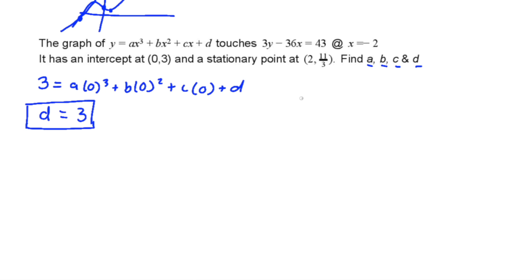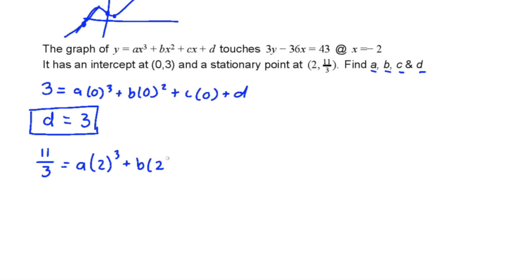So we substitute in 11/3 for y and 2 for x: 11/3 equals a times 2 cubed plus b times 2 squared plus c times 2 plus d, and we know d is 3.